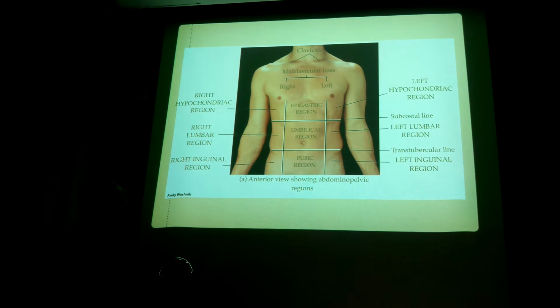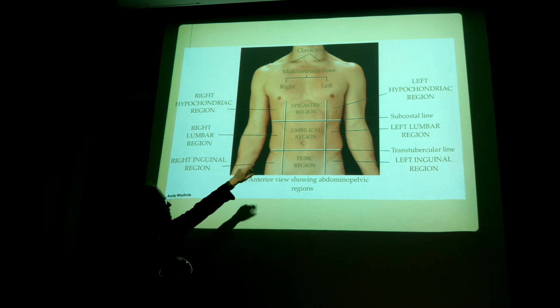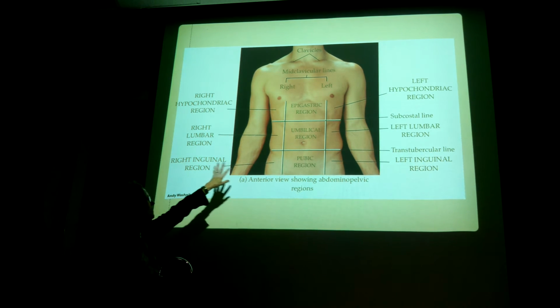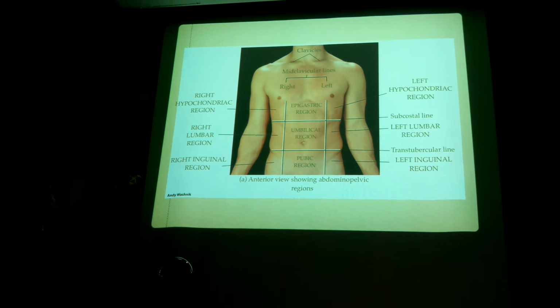Epigastric. Anyone want to hazard a guess what that term is referring to? And you can see where it is. Above the gastric. What is another word for gastric? Stomach, right. So above the stomach. Left umbilical region, obviously, the navel and the umbilical cord.